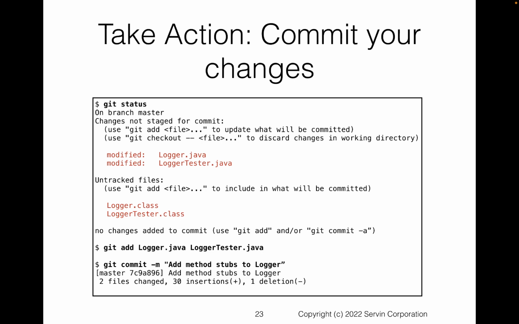Once we've added that, we then do a git commit -m for the message, going to say add method stubs to Logger. So again, we're showing the interview person that we know we should make a set of changes, get those changes working, and then commit them to the source tree. So that's what we've done. They're now part of the source tree.